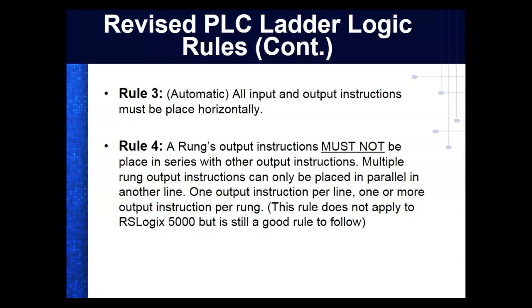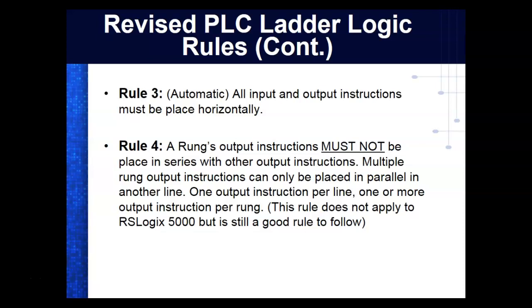Rule 4, a rung output instruction must not be placed in series with another output instruction. Multiple rung output instructions can only be placed in parallel in another line. One output instruction per line, one or more output instructions per rung.